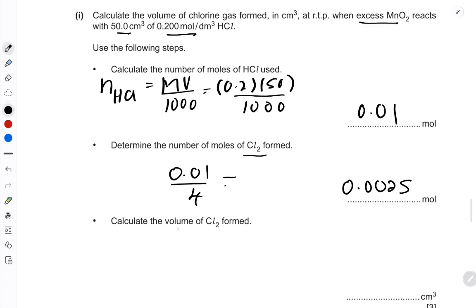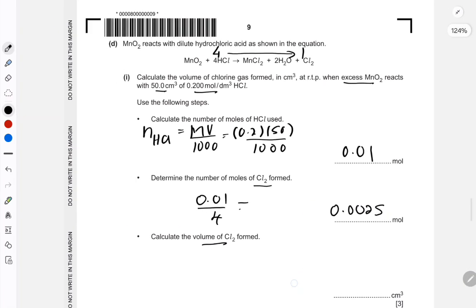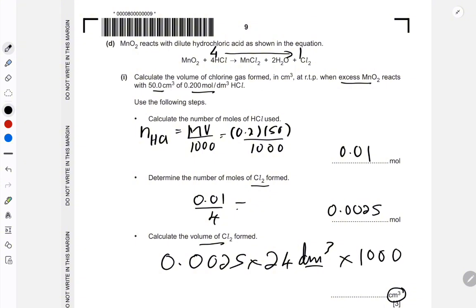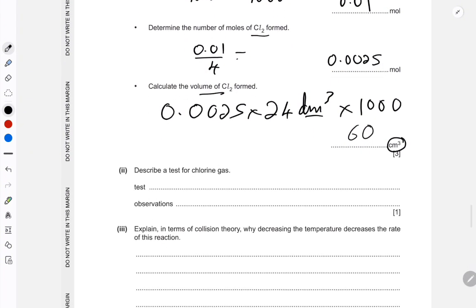Okay, so now calculate the volume of chlorine. We got the number of moles, so all we take is 0.0025 times the molar volume, which is 24 dm cube. But careful, it's in cm cube, so you must multiply this by another 1000. So 0.0025 times 24 times another 1000 to convert it to cm cubes, giving us 60 cm cubes, right?